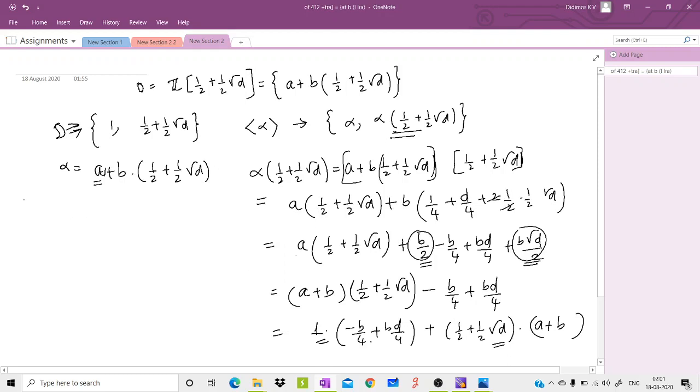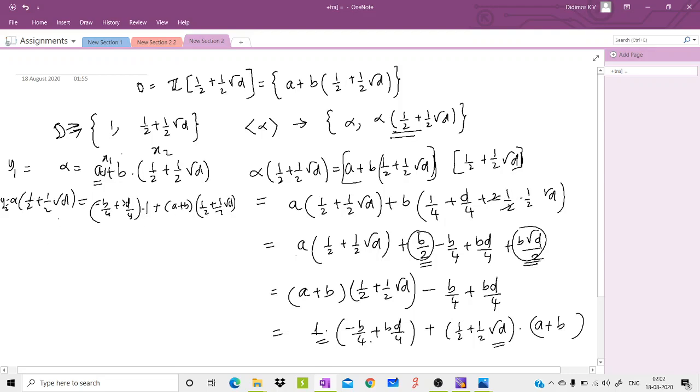These are the base elements, say y1 and y2. That can be written as a into x1, b into x2. Similarly, minus b/4 plus bd/4 into 1, that is what we call x1, and (a + b) times this 1/2 + 1/2 √d.